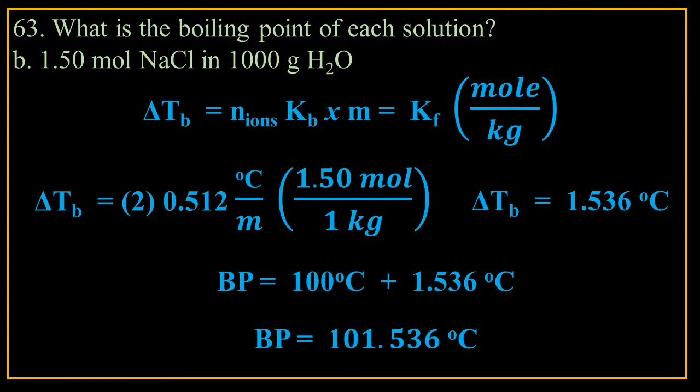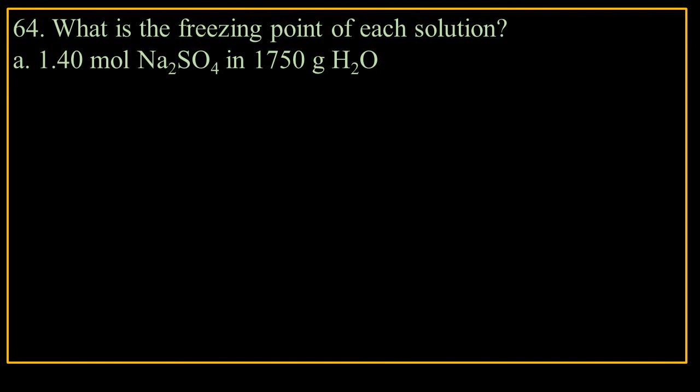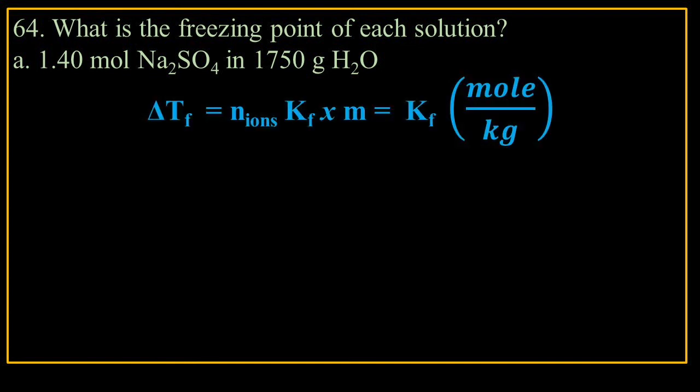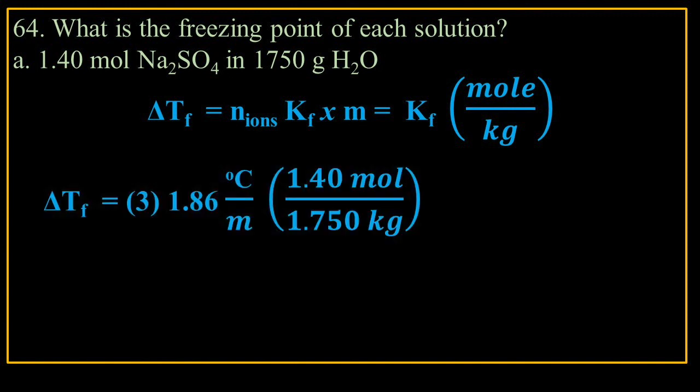Next, 64. What is the freezing point of each solution? Now we did the boiling point of each solution, now let's do the freezing point. We have 1.4 moles of sodium sulfate in 1750 grams of water. So the number of ions is going to be 3. 3 times 1.86, and the molality will be 1.4 divided by 1.750. And there's the plug-in.